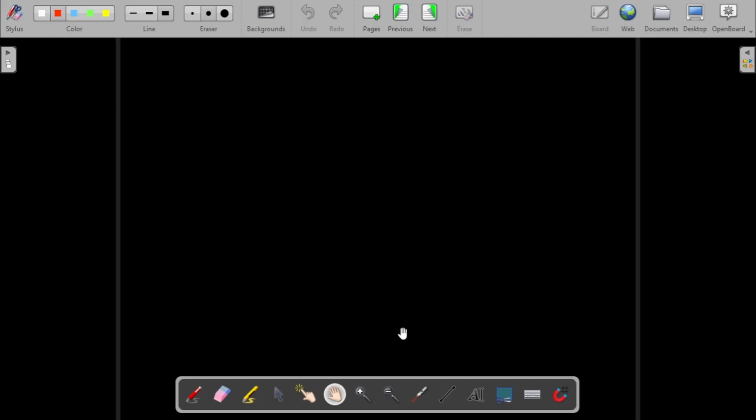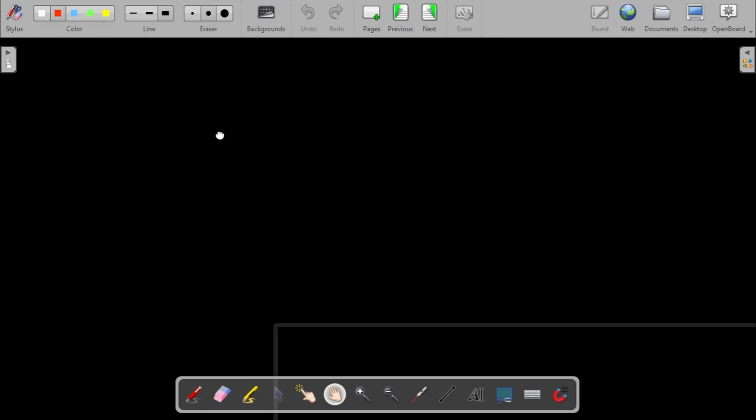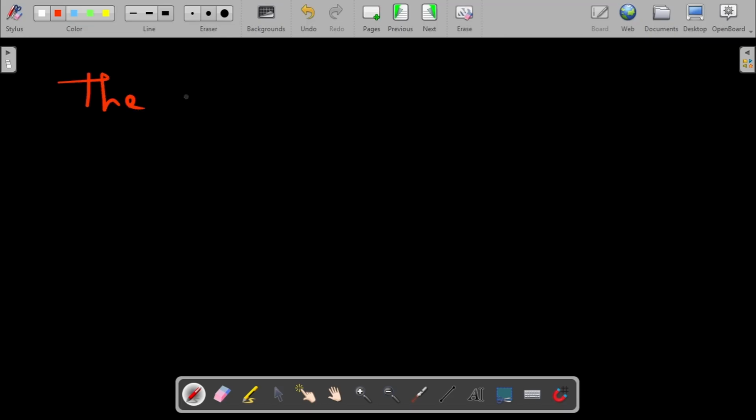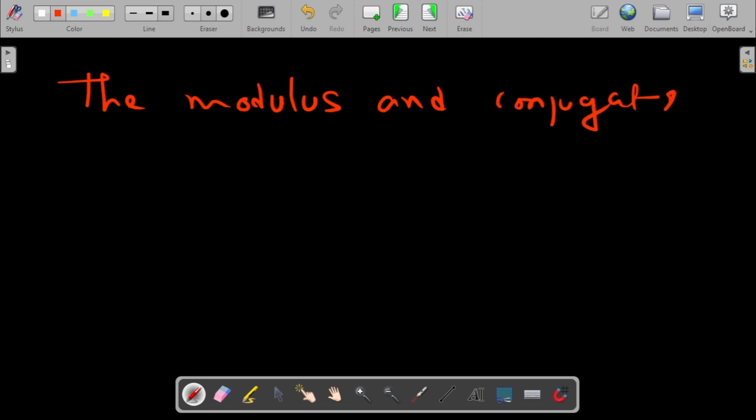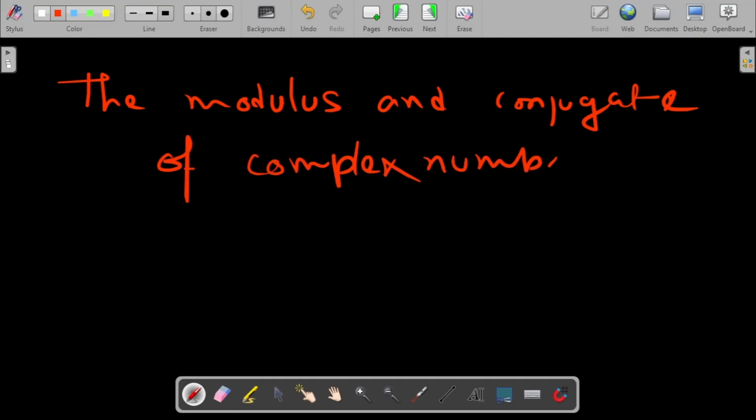Modulus and conjugate of complex number.